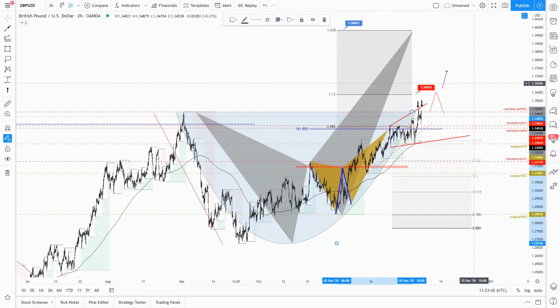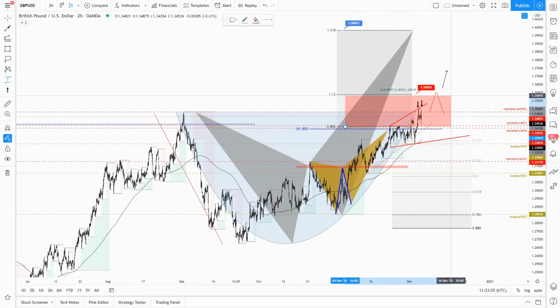So that being said, a failure to find resistance at this price zone, let's use the range, which is quite a huge range here, between the 88%, this is almost 200 points.